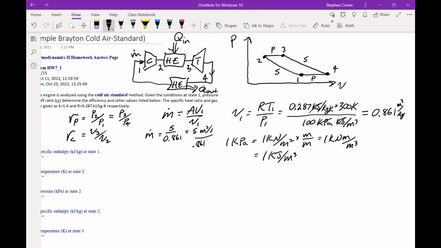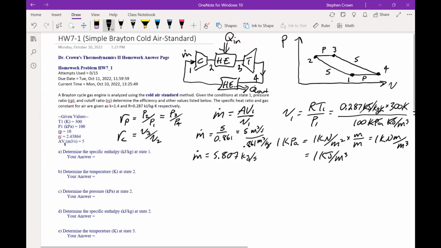If I take 5 divided by 0.861, I get 5.807 kilograms per second. And that's actually asked for down in, okay.